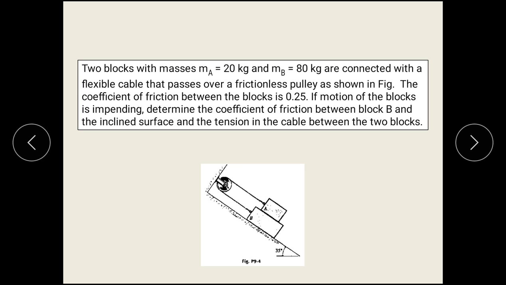The coefficient of friction between blocks A and B is 0.25. If motion of the blocks is impending, the type of motion is given in the question indirectly. So we need to find the coefficient of friction between block B and the inclined surface, and the tension in the cable.